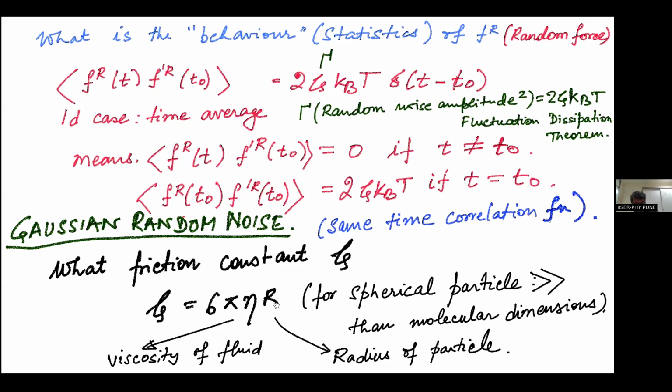Now, if there is more r, there's more frictional force. The amplitude of these thermal fluctuations increases, because more particles are going to go and kick the colloidal particle. And hence you see the amplitude of the frictional random force has zeta, but it also has kBT. If you increase the temperature, the average velocity of the fluid particles is going to increase.